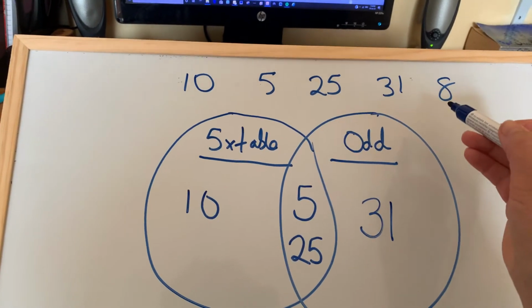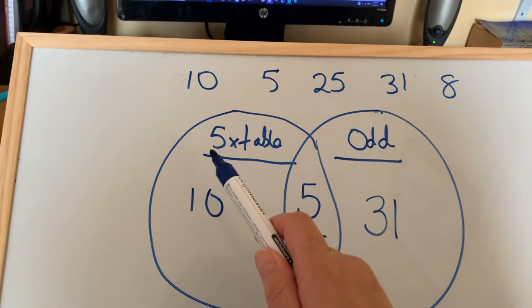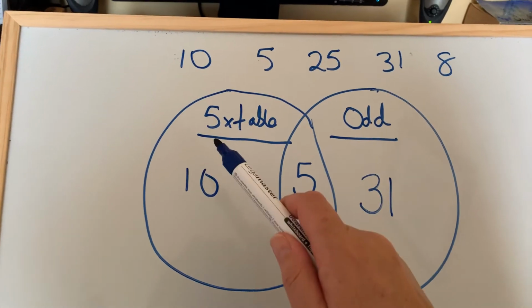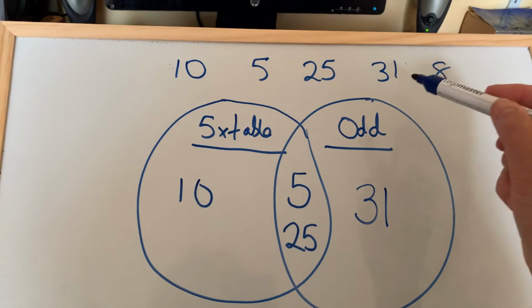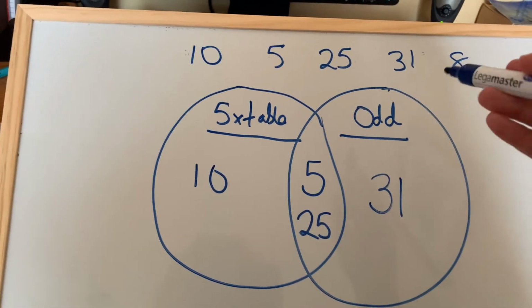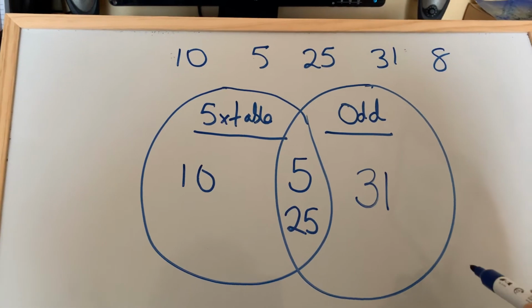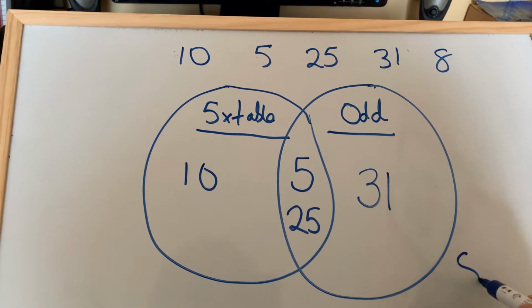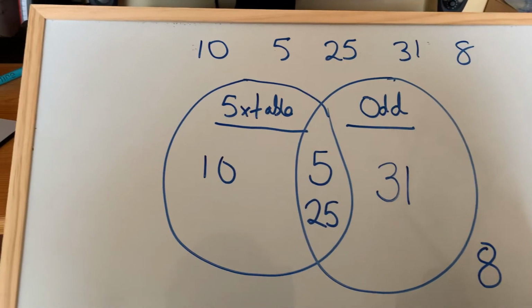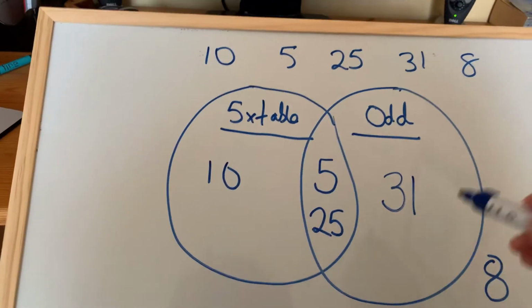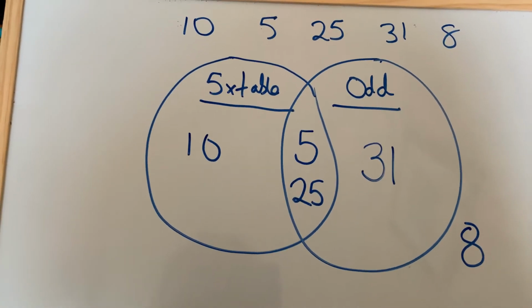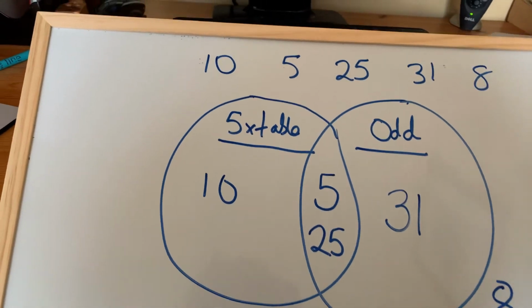I have then 8. Is 8 in the 5 times table? No. Is it an odd number? No. So you don't forget that 8, what you have to do is put it around the outside to show that you haven't forgotten it, but you still want to put it on your Venn diagram. So that is how we use a Venn diagram.